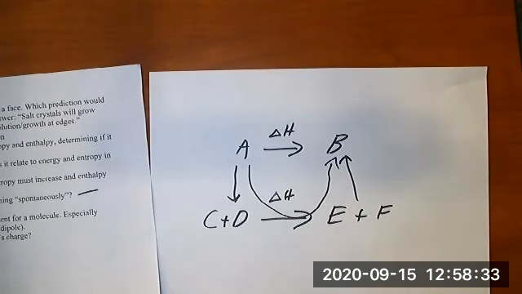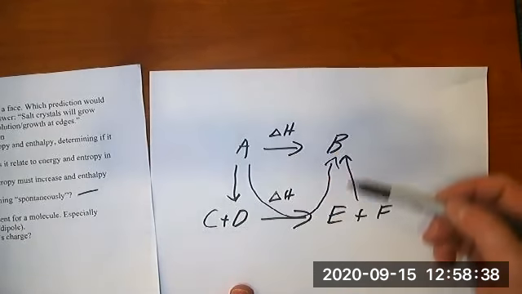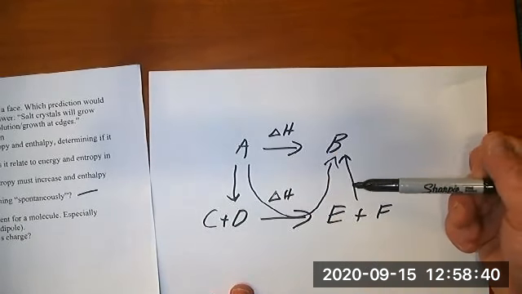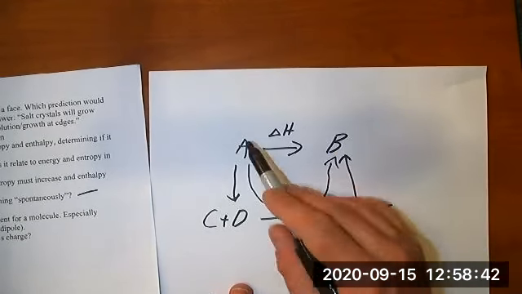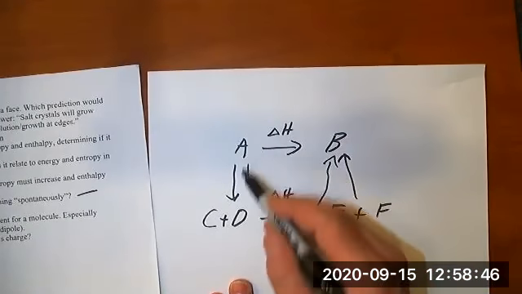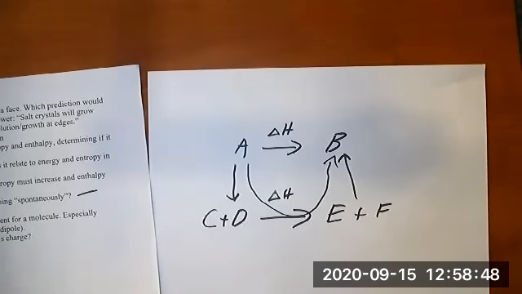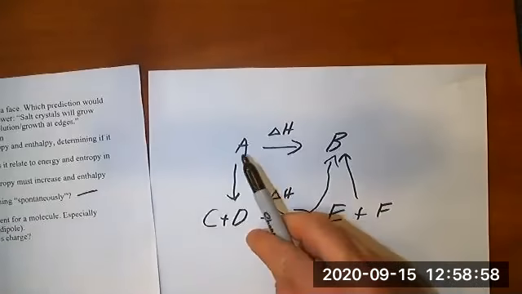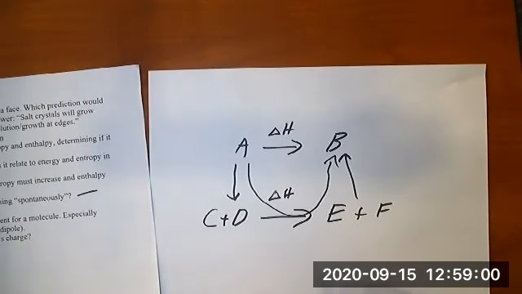Now, why would we want to do that? Well, maybe these steps that we have in this alternate path are things that we know the delta H for, even though we don't know the delta H for this. Or maybe doing this process breaks it down into steps where at least we would know, is it going to be positive or is it going to be negative? And so that tells us something about the nature of what's happening going from A to B. So that's what we're doing here.